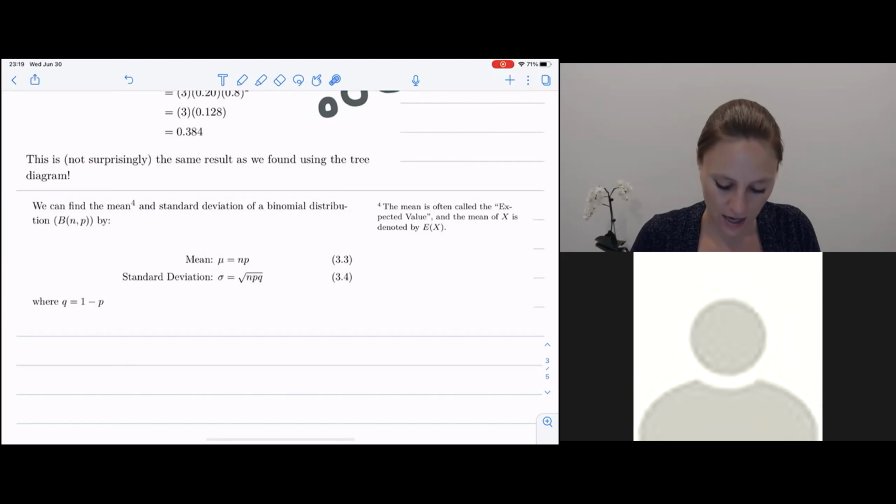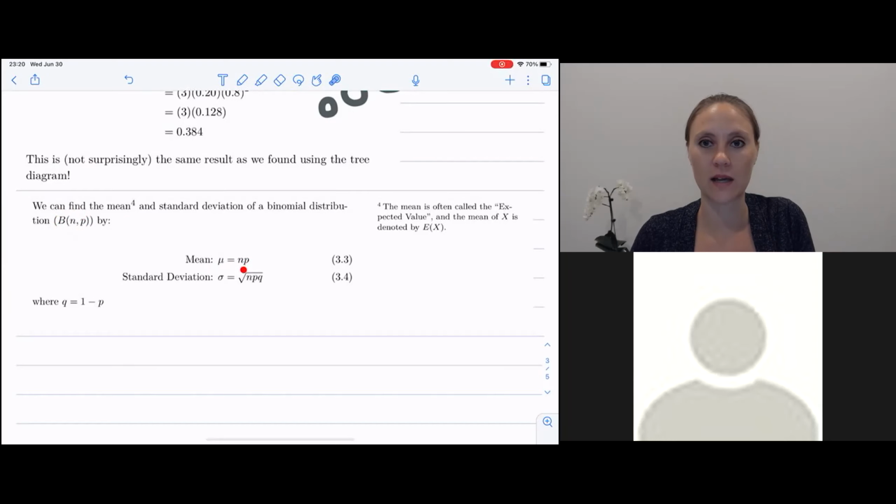Okay, so a binomial distribution with n trials and a probability p of success. You don't need to worry about this notation, but that's how it's denoted. So it has a mean mu of n times p. So if we think about flipping a coin 10 times, the probability of a tails is 0.5, 10 times 0.5, well, that's 5.